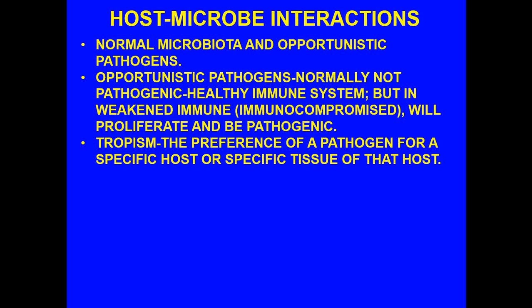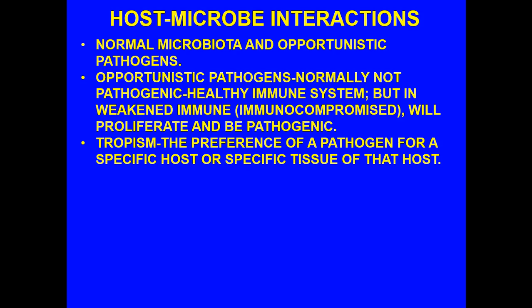But this can happen with a variety of other patients who are under chemotherapy, or patients who have had tissue transplants, liver, heart, lung, etc. Their immune system gets knocked out of kilter to prevent the rejection of the transplanted tissue. That's when you have problems, because now the immune system is suppressed, could be by steroids, could be by a variety of immunosuppressive drugs. These other organisms will begin to proliferate and become pathogenic, causing disease.